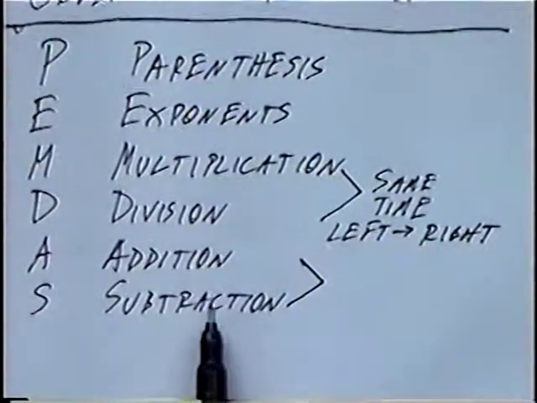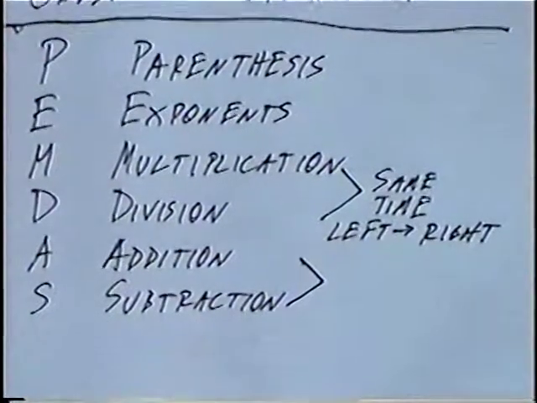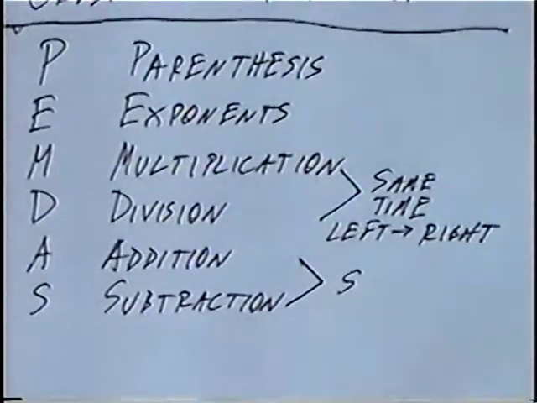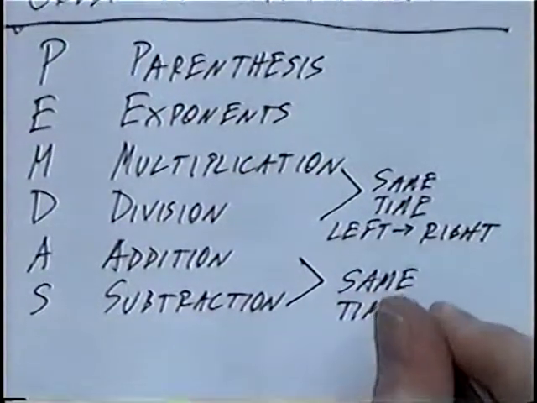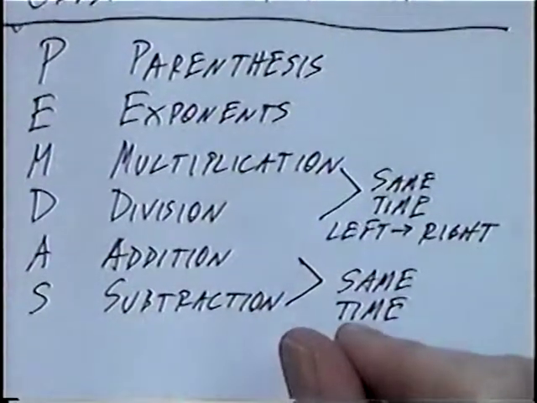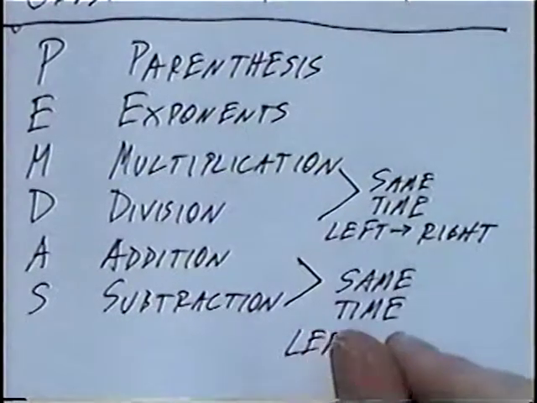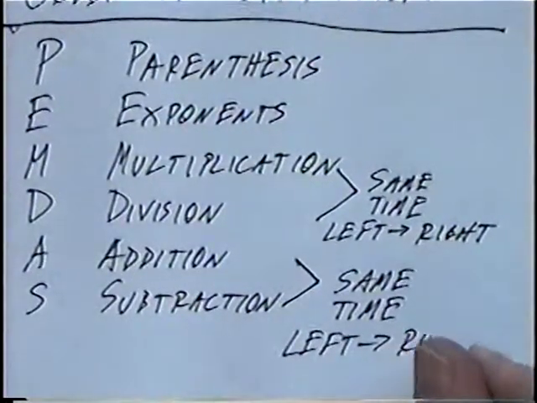Same thing with addition and subtraction. These operations are paired together. We will do addition and subtraction at the same time. And again, we'll do the addition and subtraction in order from left to right.